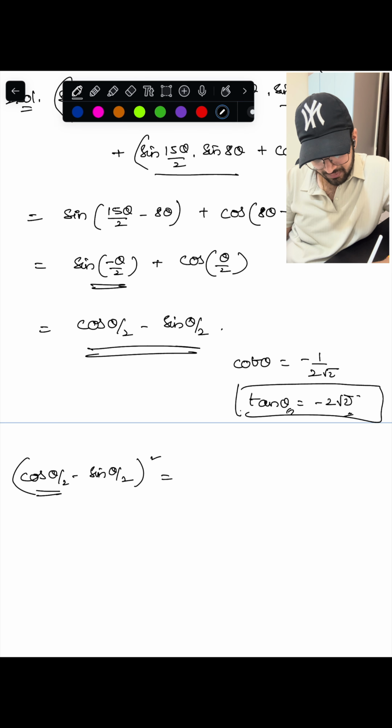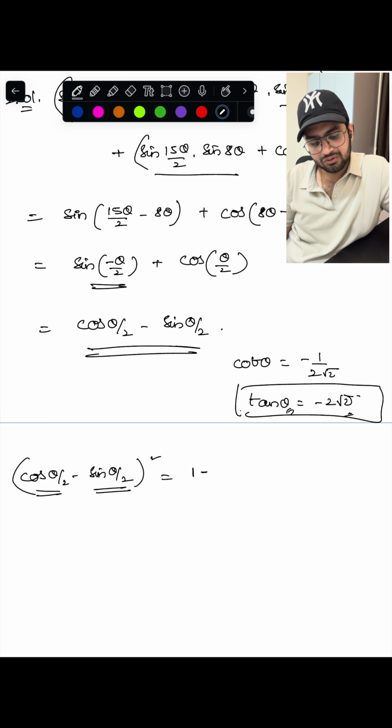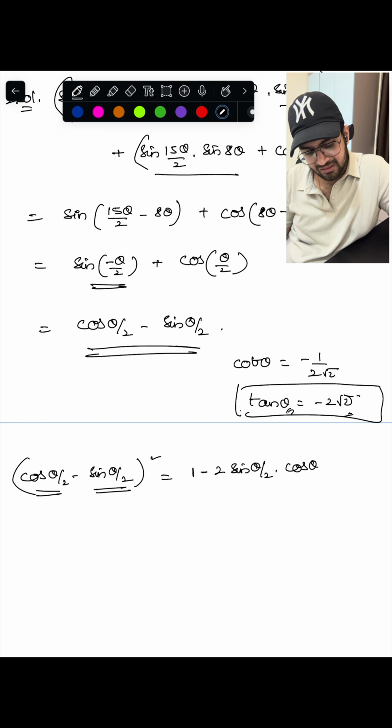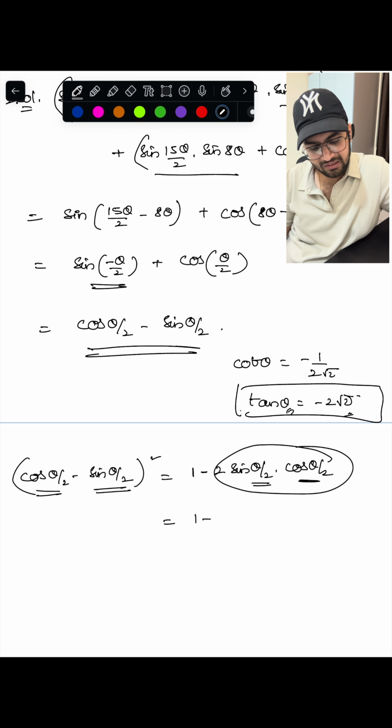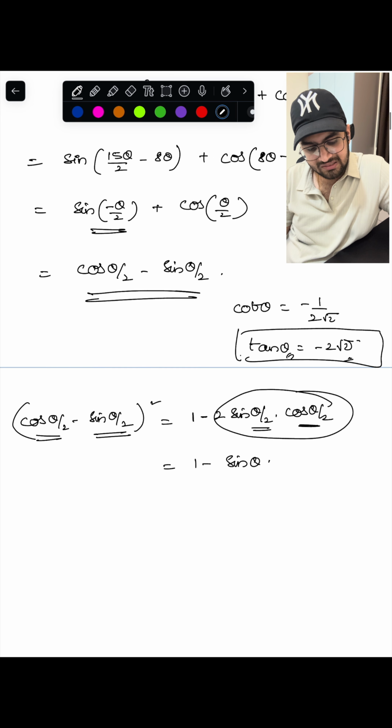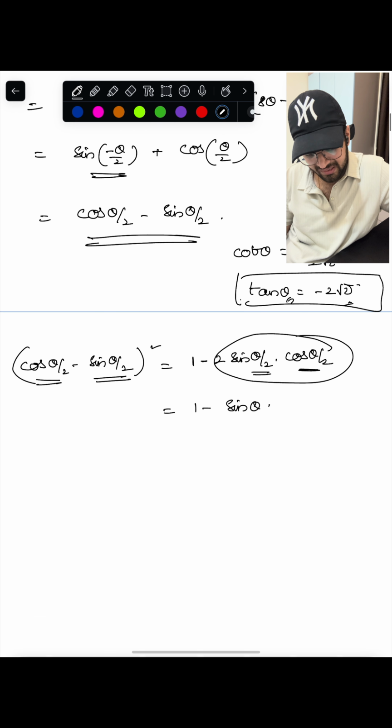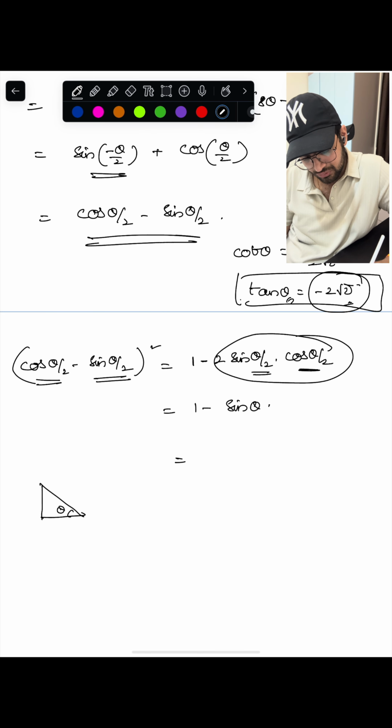If I square it, I will have cos square theta by 2 plus sin square theta by 2, minus 2 sin theta by 2 cos theta by 2, which is nothing but 1 minus sin theta. Now, what is sin theta? From here we can calculate. Tan theta is minus 2 root 2. Take the magnitude, so 2 root 2 and 1.